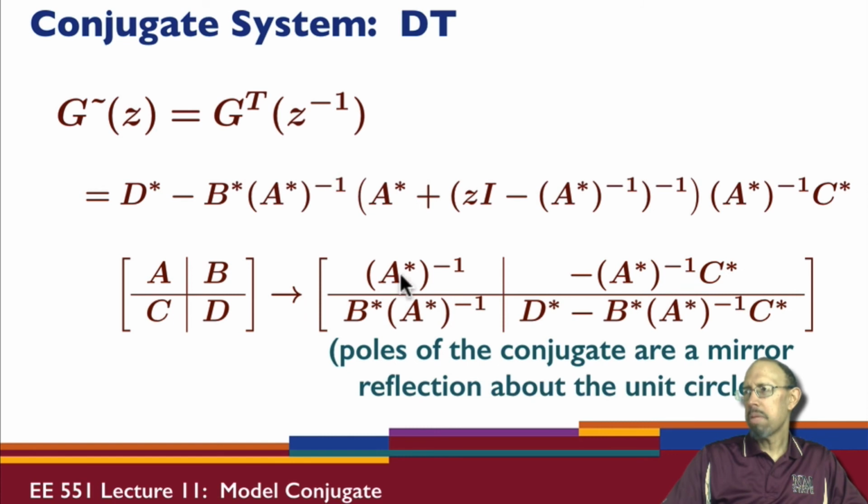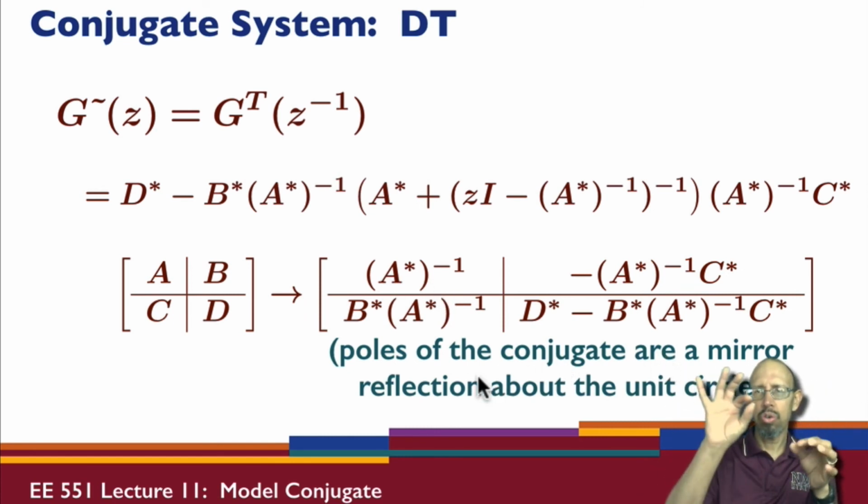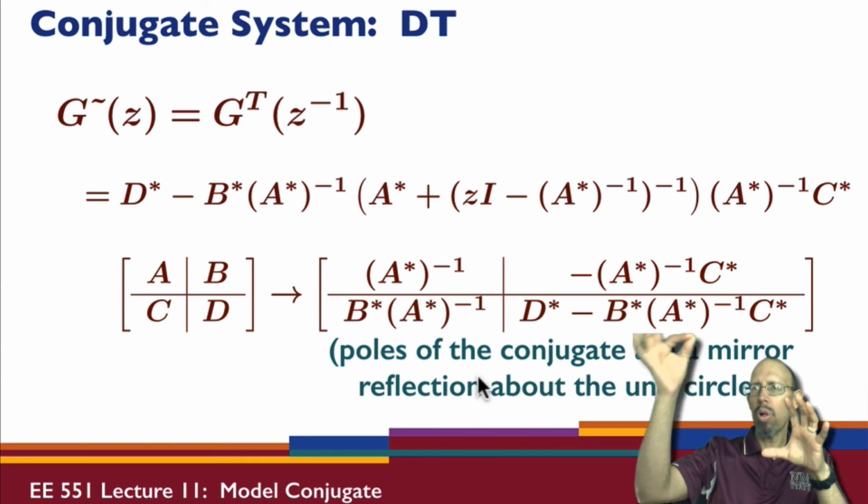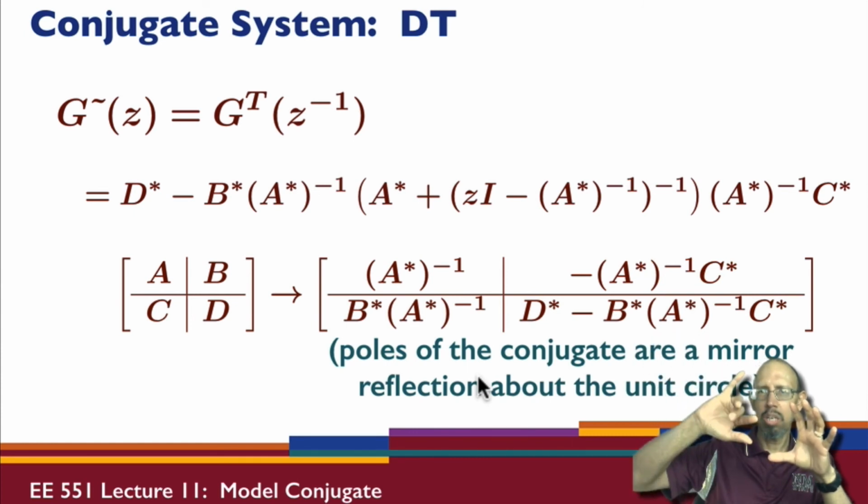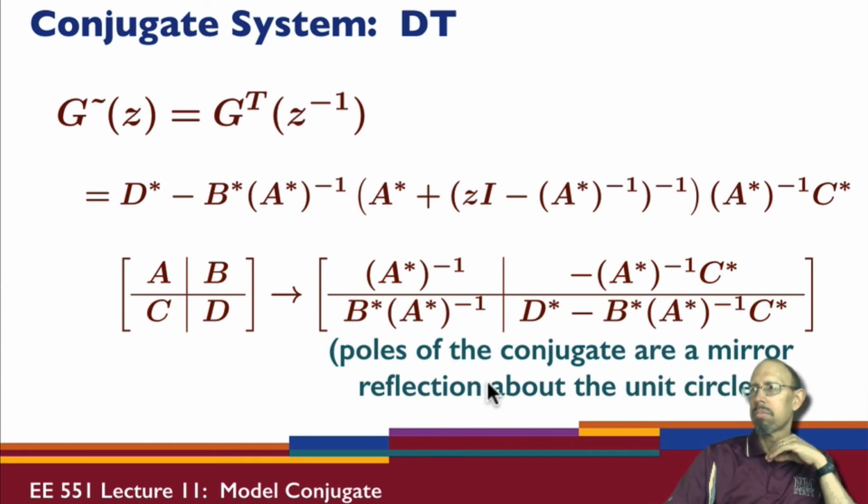In discrete time, they become a mirror reflection around the unit circle. So if I have a pole inside the unit circle, the conjugate system is going to have a pole outside the unit circle, and they're going to be like mirror images of each other. So that's what happens in discrete time.